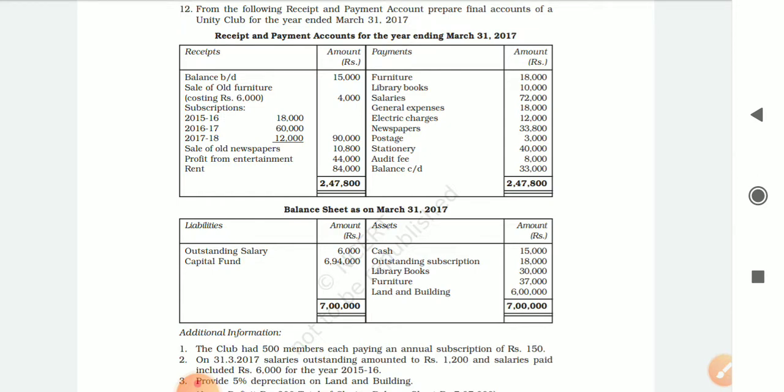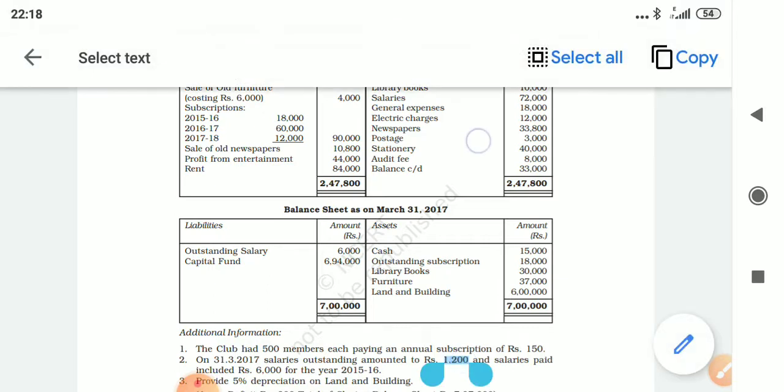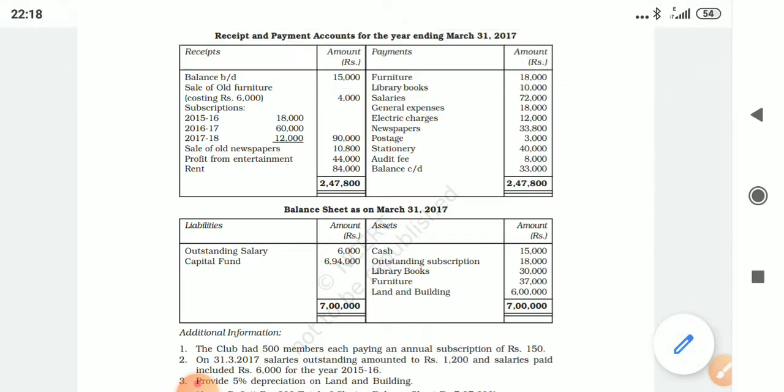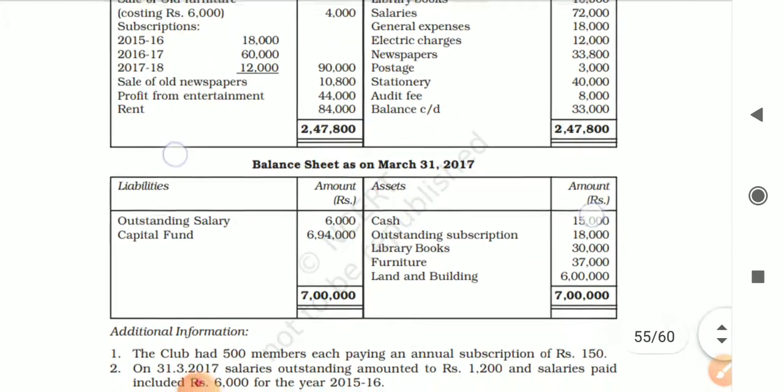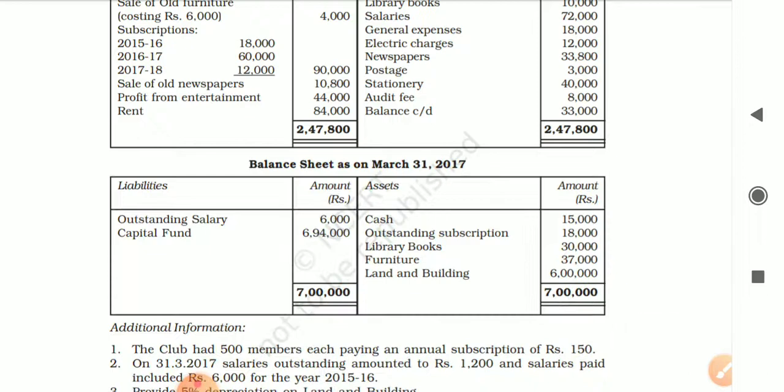Now, next item is salary. Whenever you have salary, immediately you should see whether we have any outstanding. Yes, we do have outstanding. So salaries will appear in the expense side. Yes, now I hope it is much more clearer. Salary will appear in the expense side of income and expenditure account. Write salaries and write 72,000 in the inner column.